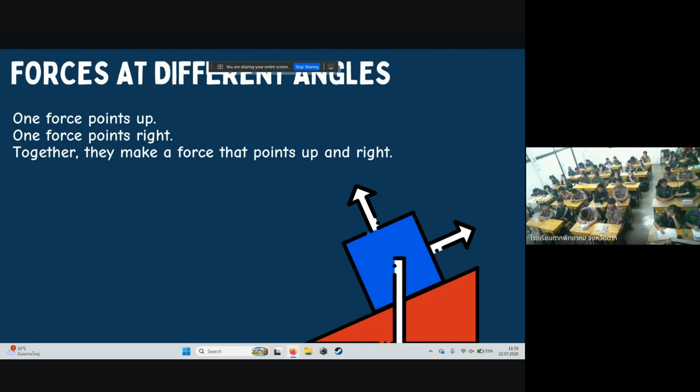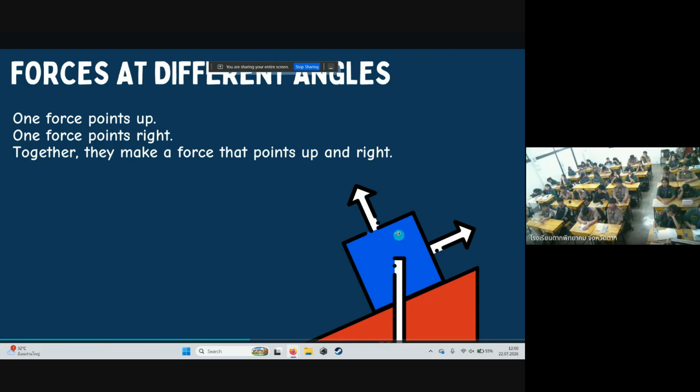Now, sometimes the forces can also be at different angles. There is gravity pulling things down, so we use an arrow showing down. The support is pushing the box upward, so we use another arrow to show it.